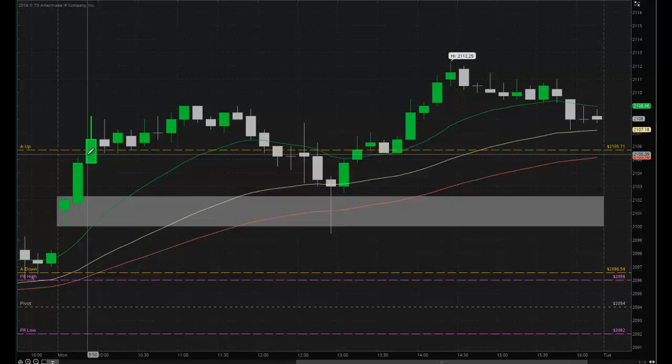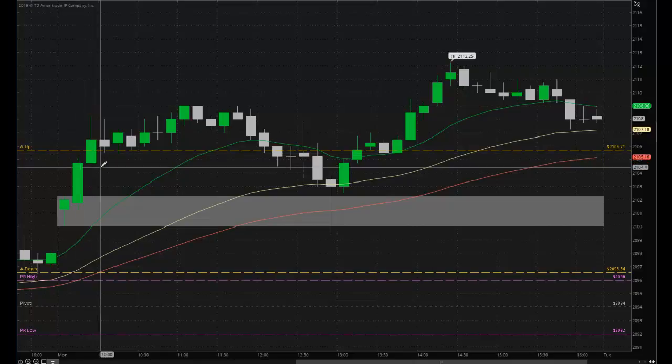Because of that trend developing, and because we found support in the overnight pivot range, coming up to this A up is not the best A to fade, since we should be starting a new bull trend to the upside. So I didn't fade this, but like I said, it was because I was long already.